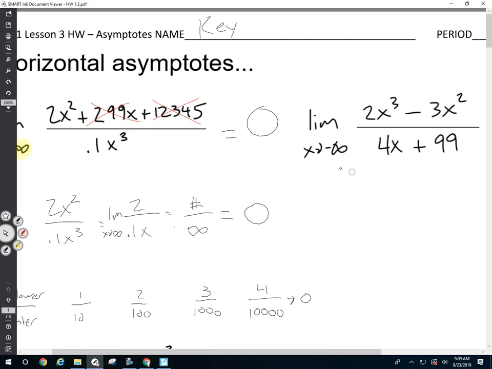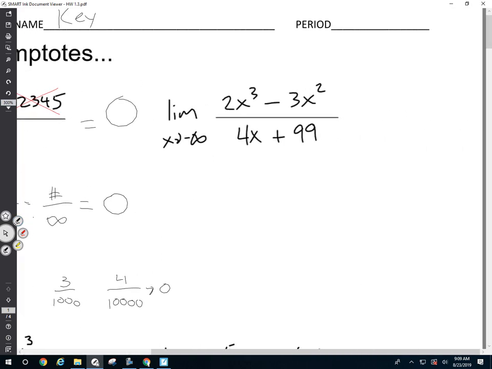Next one. Limit as x approaches negative infinity. Okay, let's be careful. Because if you say, okay, faster over slower, and when you have something that's fast growing in the numerator and slow growing in the denominator, you're thinking, okay, 10, 100, 1,000 compared to like 1 and 2 and 3.